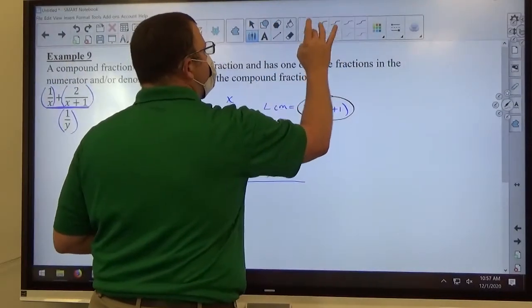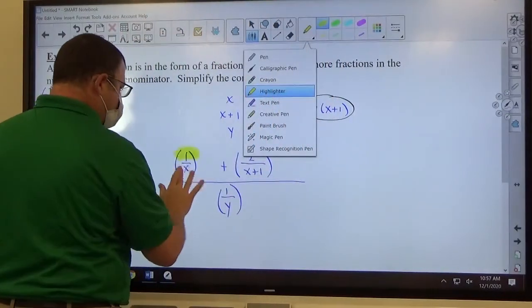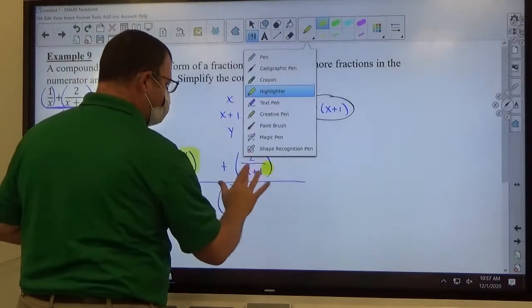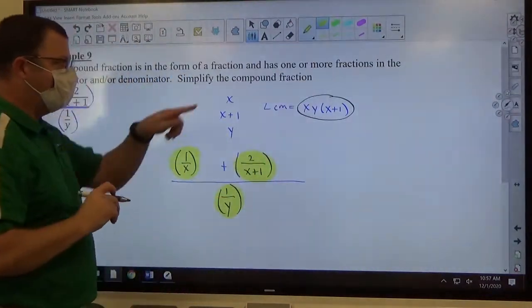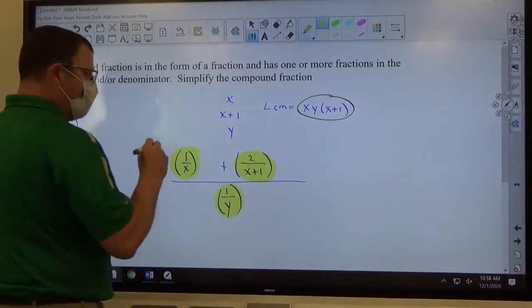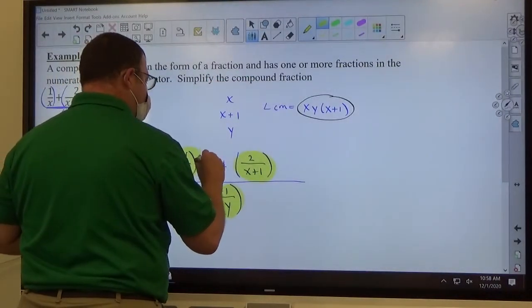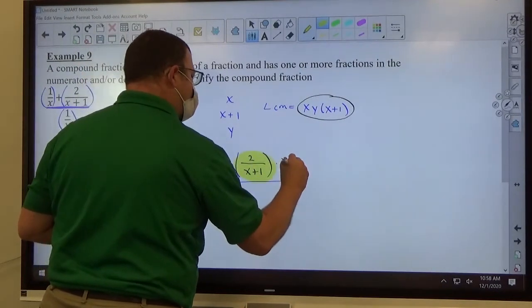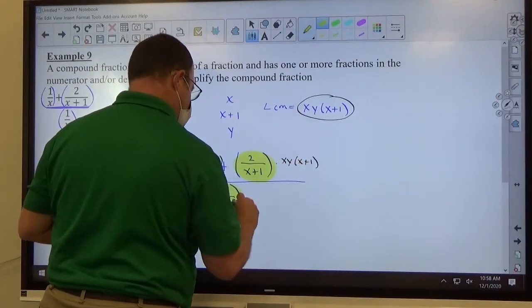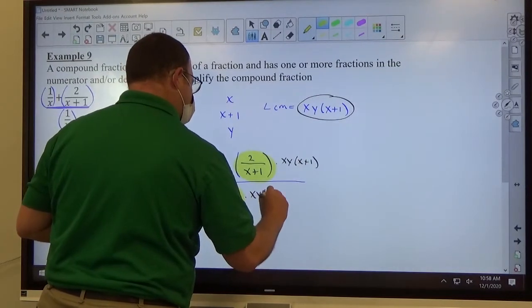So if I look at this guy here, this is a term, this is a term, and this is a term. Every term is going to be multiplied by that thing. So times xy times x plus 1 times xy times x plus 1 times xy times x plus 1.